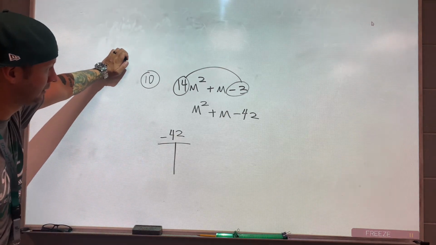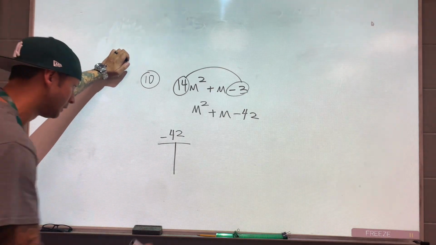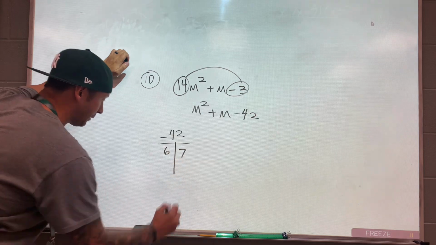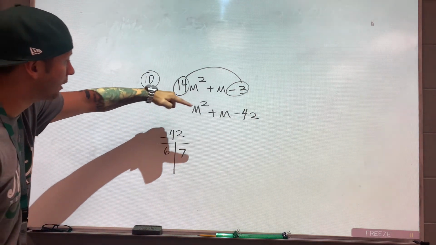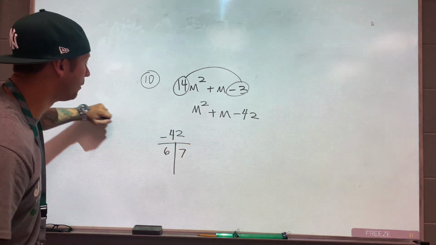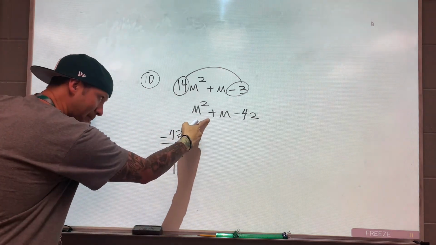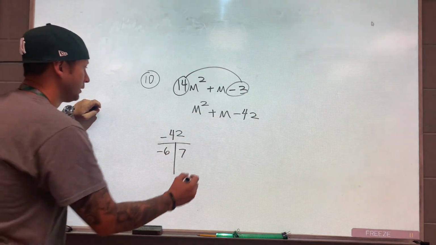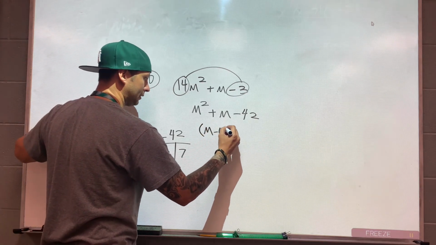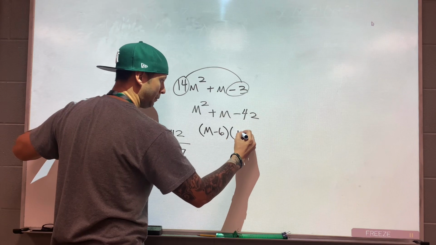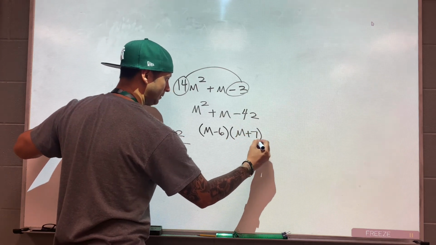Multiples of this that add up to 1. So 6 and 7, that's what jumps out at me right away. One of them needs to be negative, so I look here, it needs to be the small one, because that's positive. So this is going to be m minus 6, m plus 7.